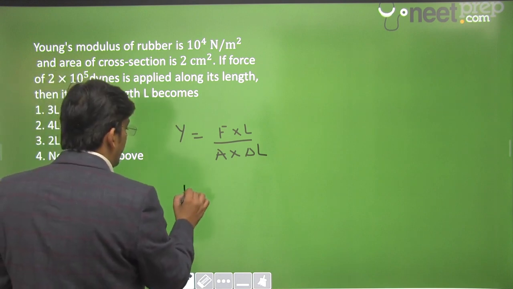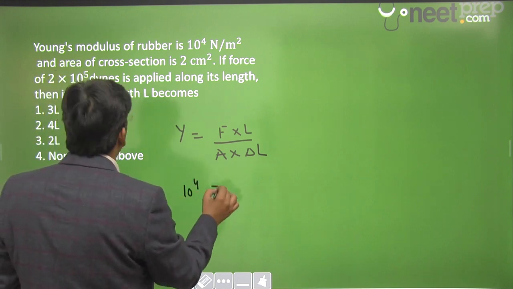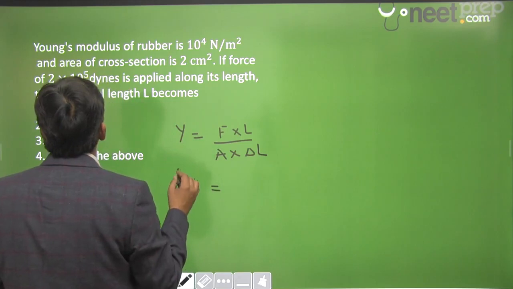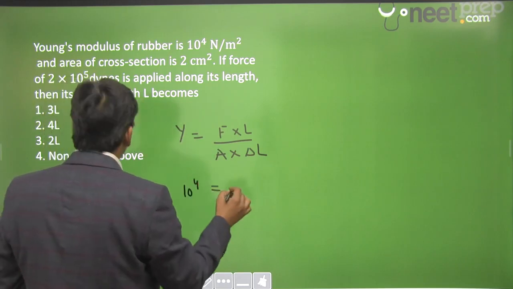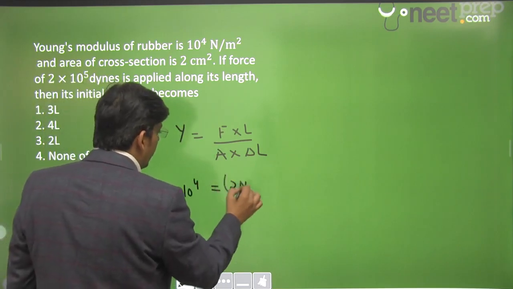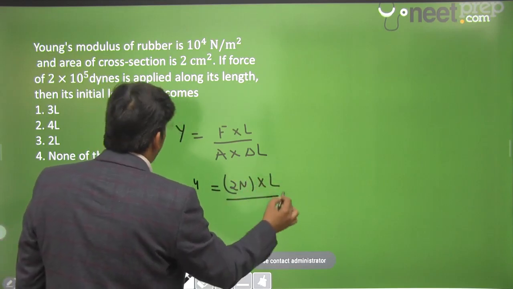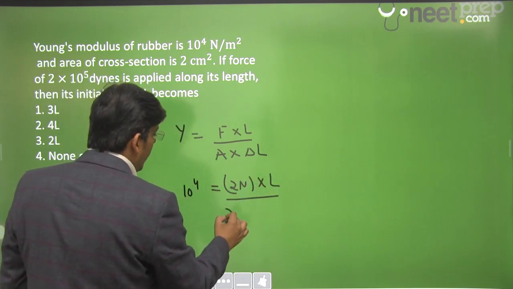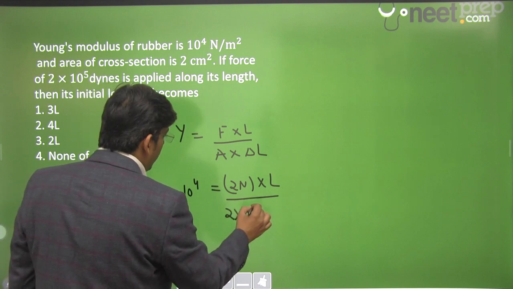Young's modulus is 10 to the power 4 in SI units. Force we have to change into SI units. 1 Newton is 10 to the power 5 dyne, so applied force is actually 2 Newton. Area of cross section is 2 centimeter square, it is 2 into 10 to the power minus 4 meter square.